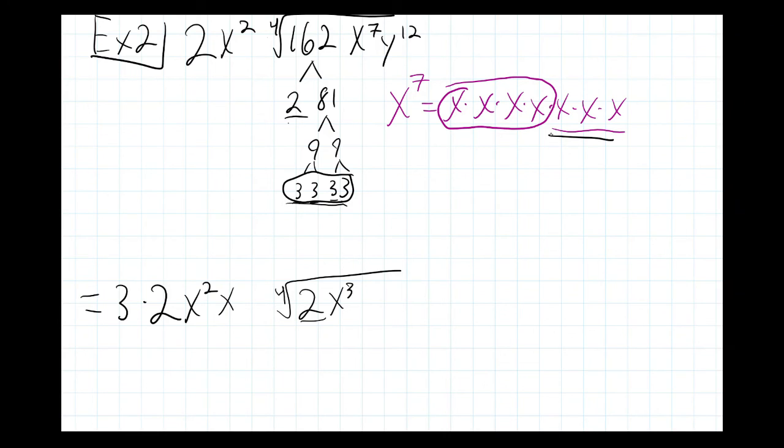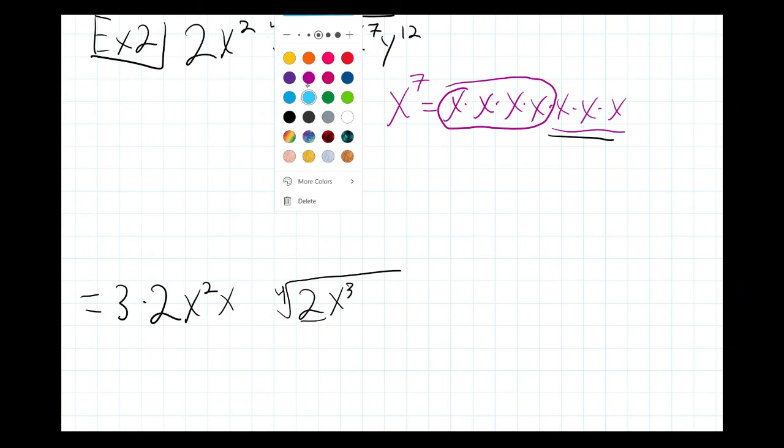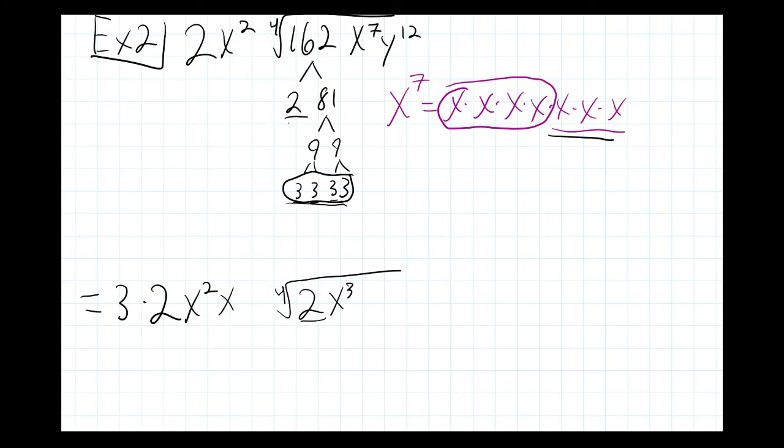So last but not least, let's take a look at our y's. So y to the 12th. Well, instead of writing out y times itself 12 different times, because that can get pretty tedious, what I can do here is, if I'm taking the fourth root of y to the 12th, all I need to do is divide my exponent by 4.